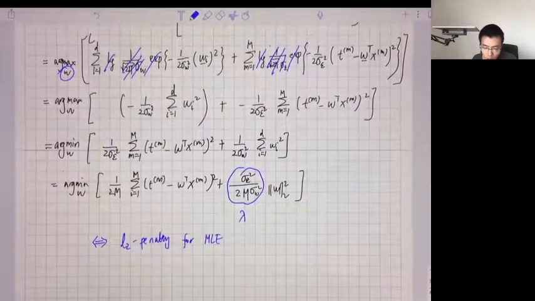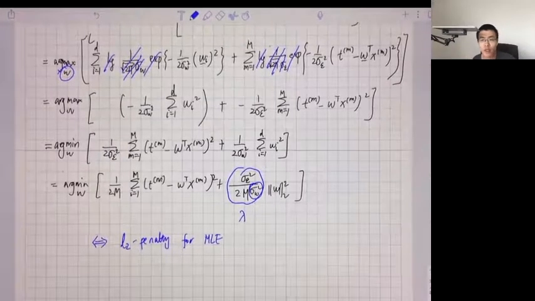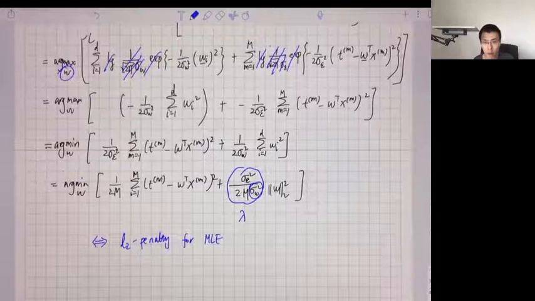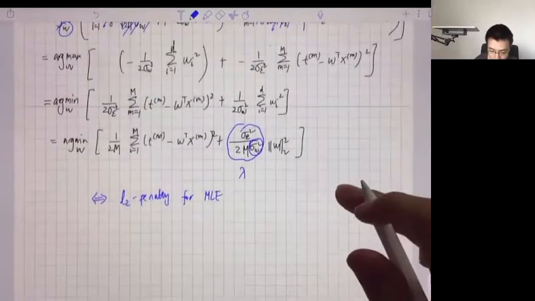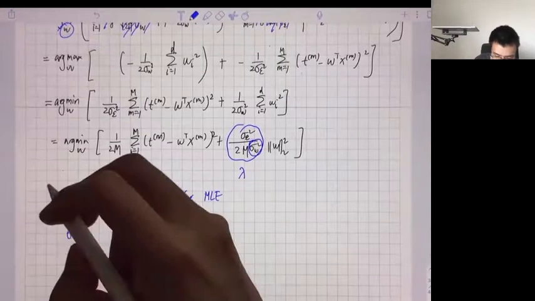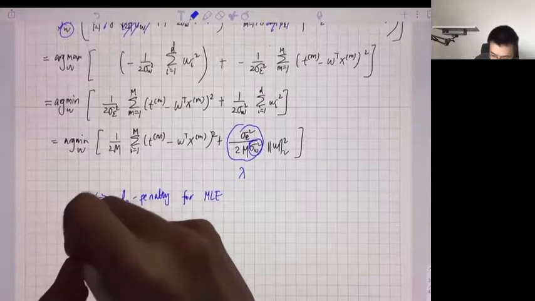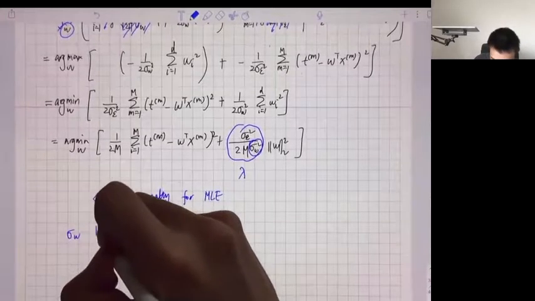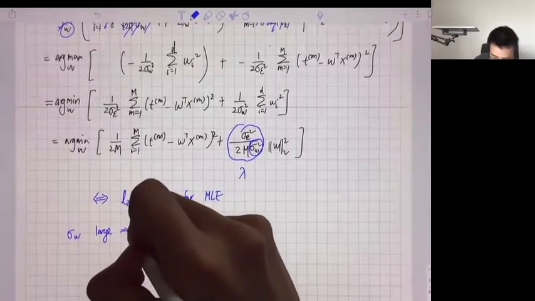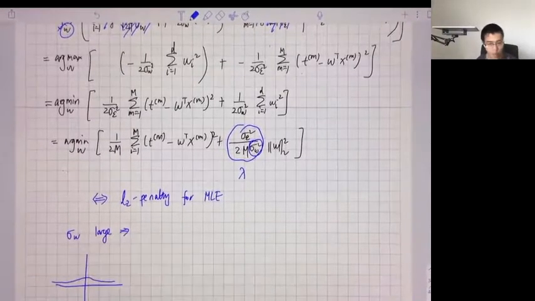Here we observe how your prior for your weights really affects the strength of your L2 penalty, right? So suppose sigma square is very large, which means your prior is very widespread, okay?